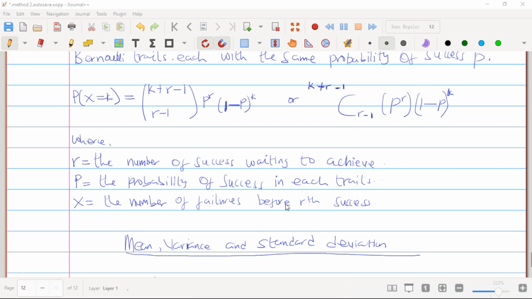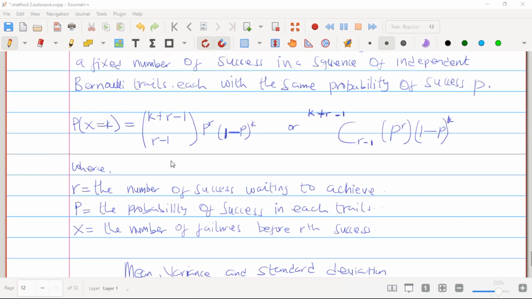So our PMF is written as K plus R minus 1 combination R minus 1. When this is given without any division sign, most of the time it represents a combination.